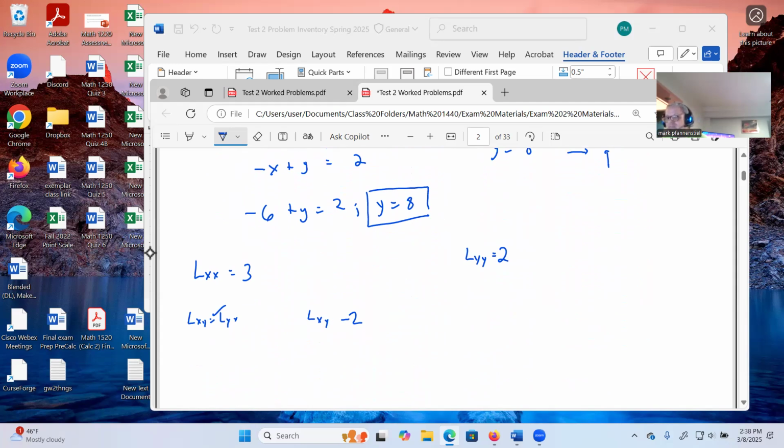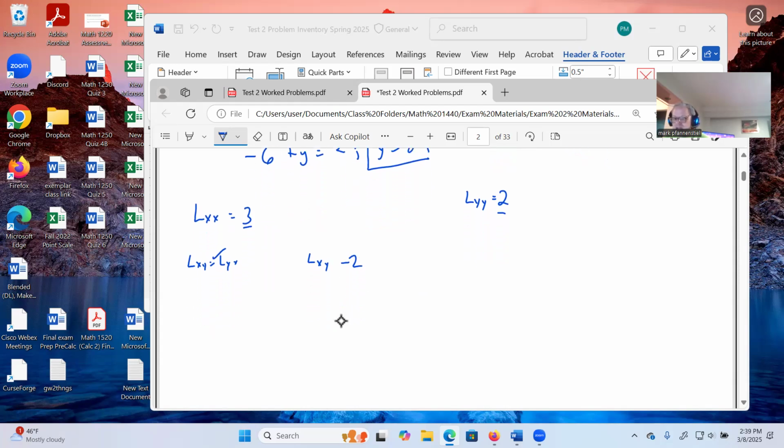It's also kind of a little idea of what happens if bad things go wrong. The L_xx and the L_yy are constants. One's 3, one's 2. The L_xy is -2. So what we're going to do next is say, okay, we need L_xx times L_yy minus L_xy squared.